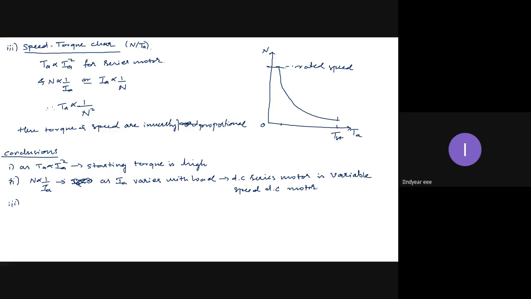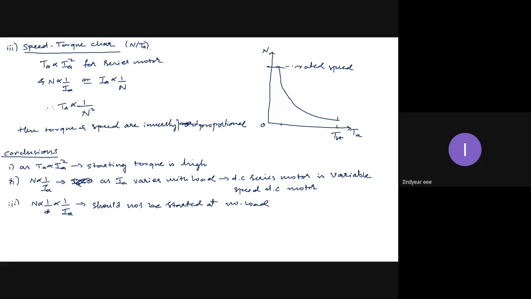Then third point, as speed is inversely proportional to phi, which is inversely proportional to Ia, it should not be started at no load. There should always be a sufficient amount of load connected to the DC series motor at the time of start, which will keep the speed in a very safe value.